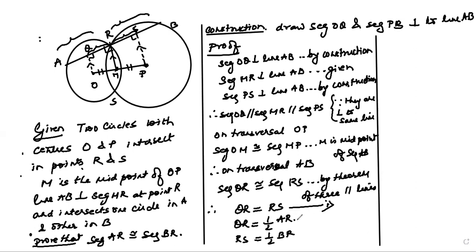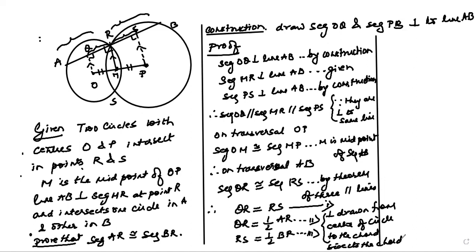These are your statement numbers 2 and 3, and the reason for both of them is the same: perpendicular drawn from the center of the circle to the chord bisects the chord.